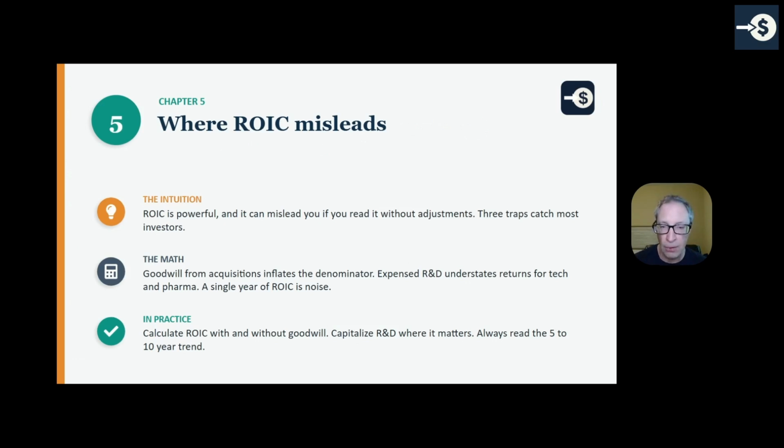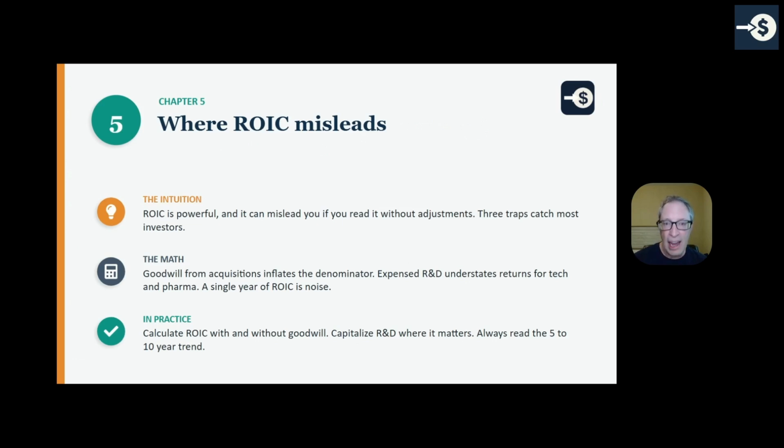So let's unpack a couple of those things really quickly. We talked a little bit about goodwill. Companies that are tech heavy, like a Microsoft or a Google, are really good examples. They spend billions, tens of billions of dollars on R&D. And the trouble with that is that it artificially lowers the ROIC because it's expensed immediately.